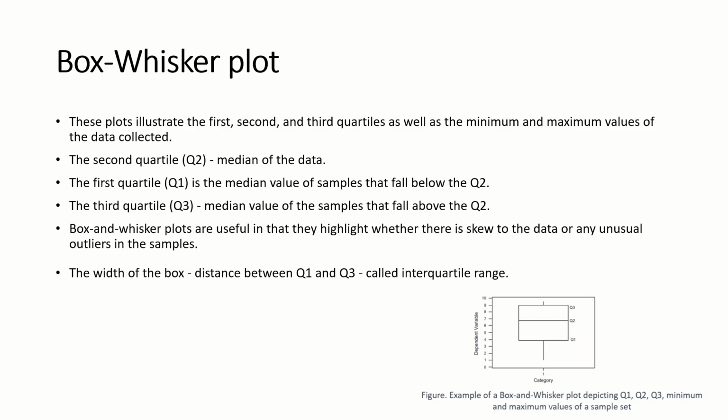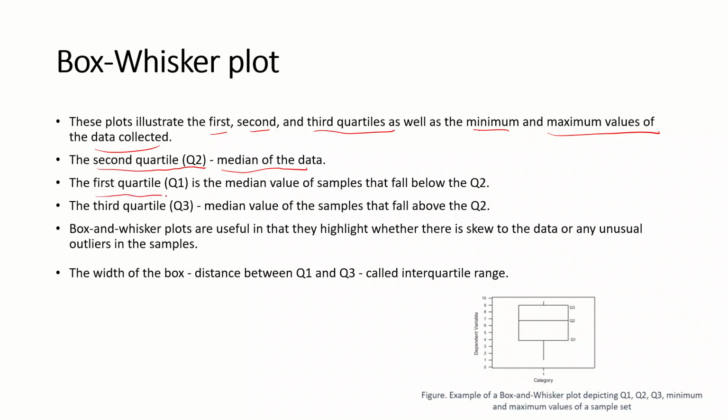Coming to the box and whisker plot, I think you have gone through this, but all in all, these plots illustrate the first, second, and third quartiles, as well as the minimum and maximum values of the data collected. The second quartile, called Q2, is the median of the data.